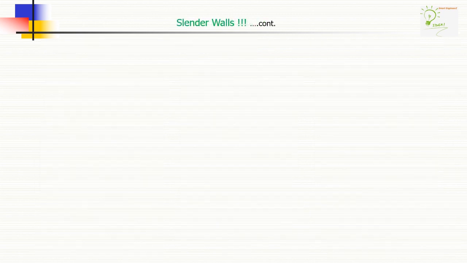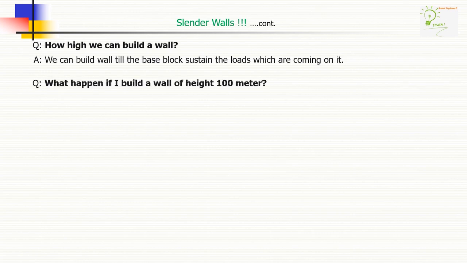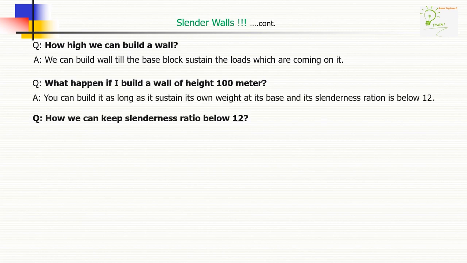Few FAQs. How high can we build a wall? What happens if I build a wall of height 100 meters? How can we keep the slenderness ratio below 12?